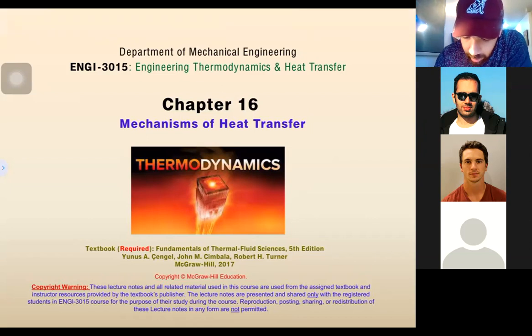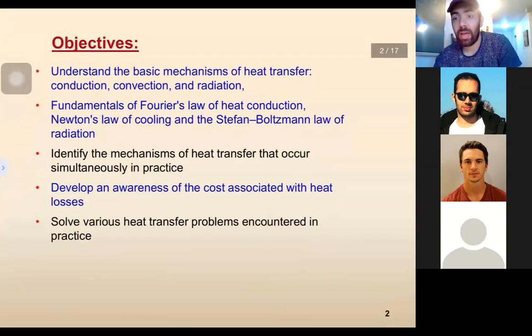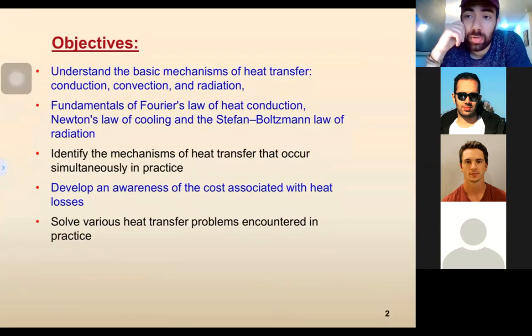I hope you guys have already studied the material of this chapter, but let's go and have a general idea and overview of what happened in the 16th chapter. So in this chapter, you are basically confronting with 3 mechanisms of heat transfer: conduction, convection, and radiation. And for each of them, you have only one formula.